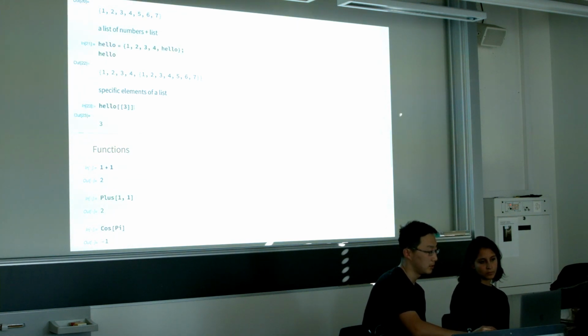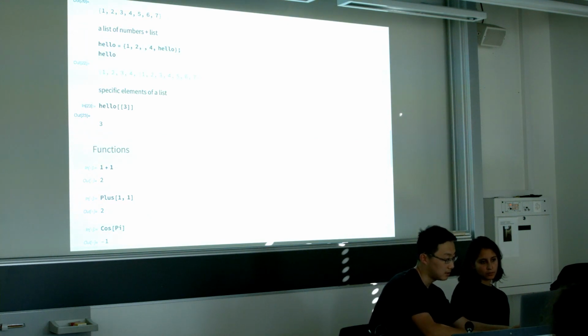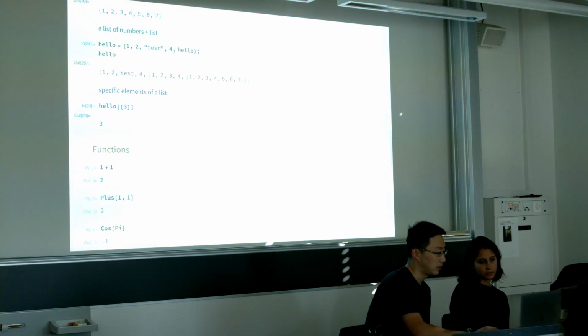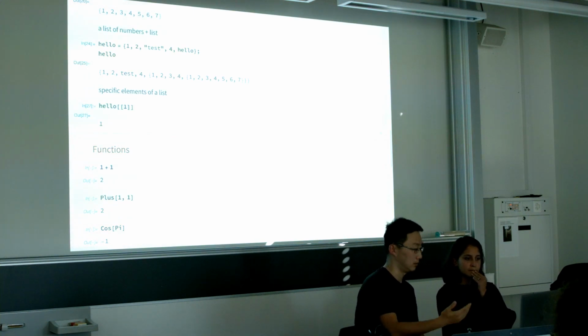Then this gives me the number 3. If I say the third element is, I don't know, something else, test, then I run it, and I want the third element, it would be test. If I say I want the first element, it would be number 1, and so on.